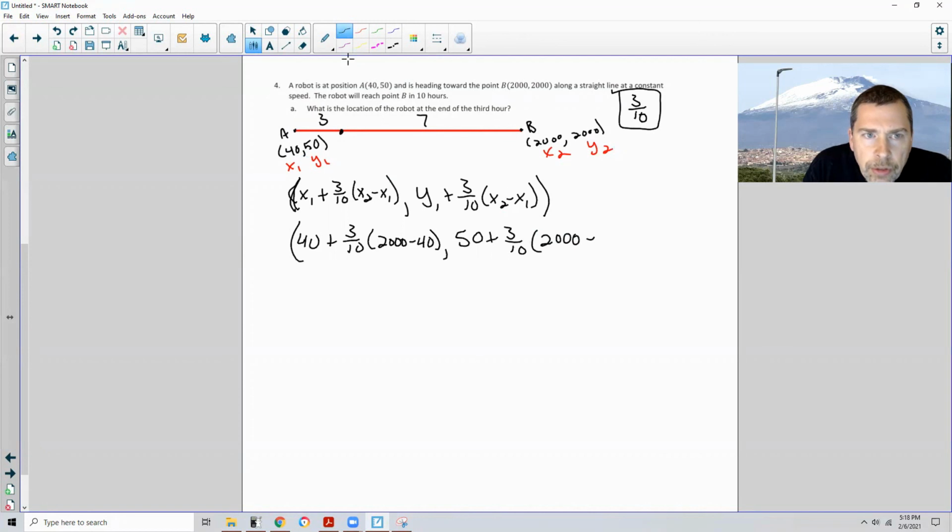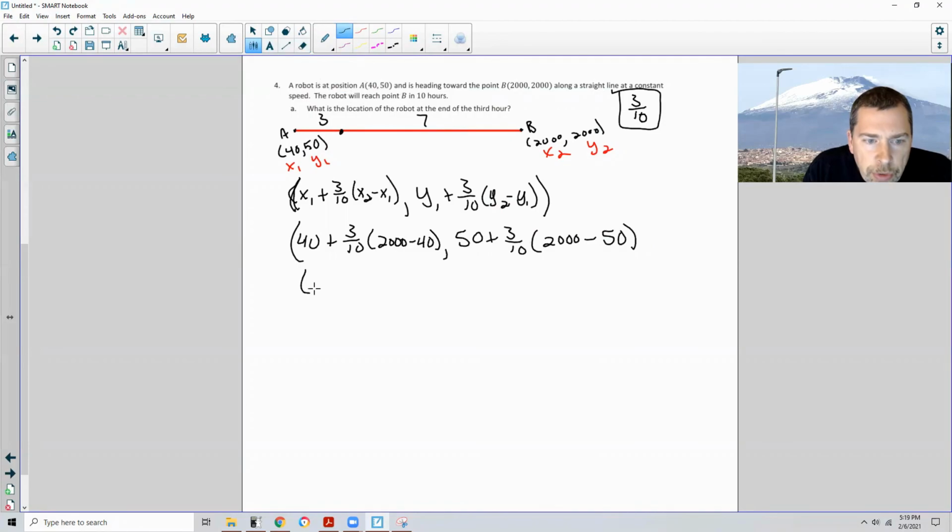Why do I have x's here? They're supposed to be y's. Okay, hopefully you picked up on that and didn't just sit here and copy me. All right, y sub 2 minus y sub 1. It is still 2,000, but it's minus 50.